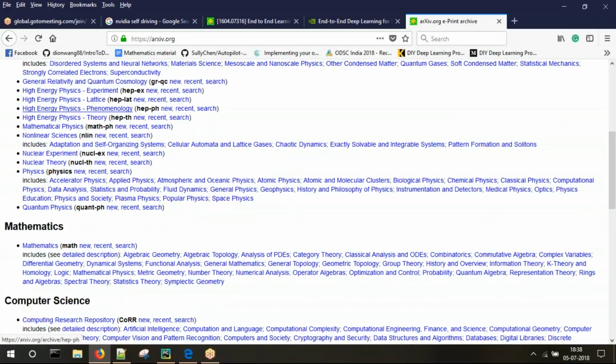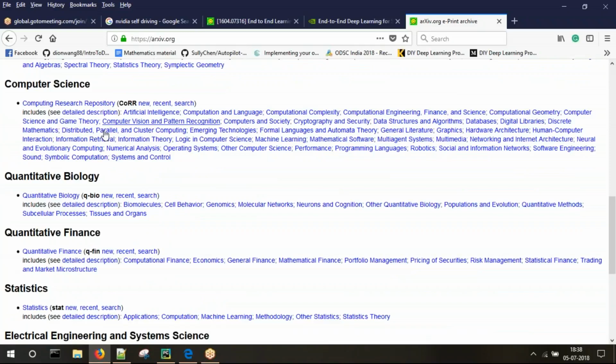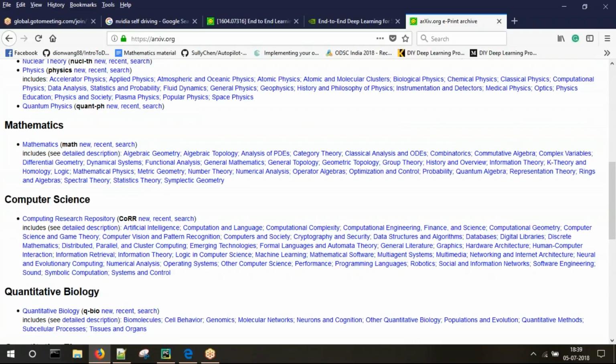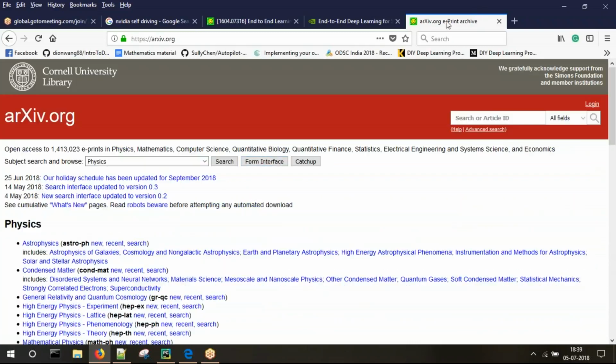There are a lot of research papers coming along on this website, even in statistics, not just in computer science, in different domains. You can get good research papers on it.